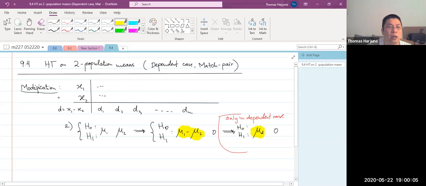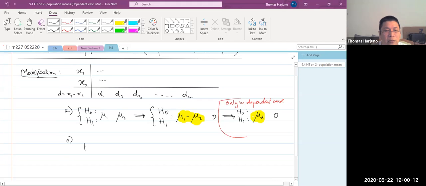Okay, now and then in our step 3, our test statistic, we will use t, which equals d bar minus mu d, which you know will be 0, over sd over square root of n. Now this d bar and sd comes from here.